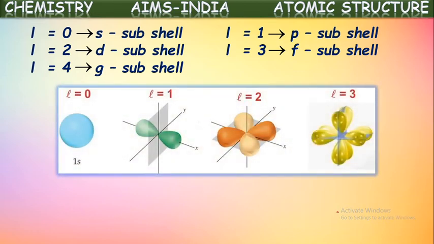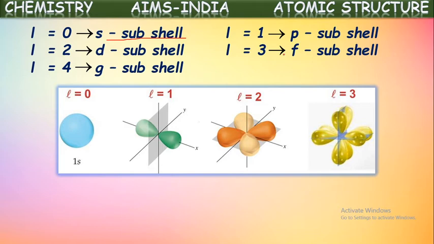See here, the shapes are represented. If the l value is 0, that represents the s subshell. We know s subshells are spherical in shape. If l is equal to 1, that represents the p subshell, in which orbitals are dumbbell shaped. If l is equal to 2, that represents the d subshell, in which orbitals have a double dumbbell shape. If l is equal to 3, that represents the f subshell, in which orbitals have a four-fold or complex shape.